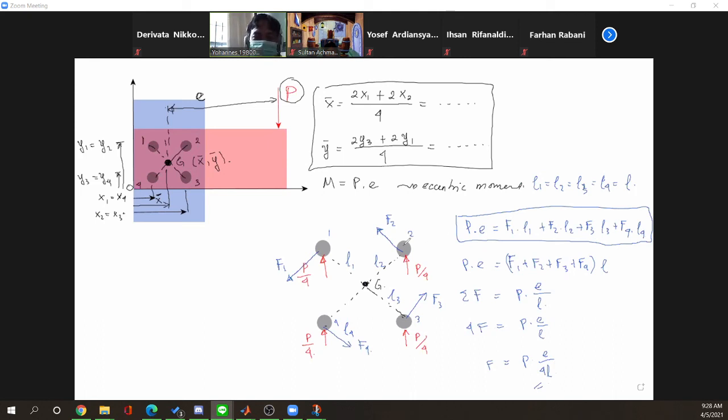Okay, so F1 and this direct shear load apply on the same plane. Okay, applied on the same plane. So that's why we can find the resultant of this force.